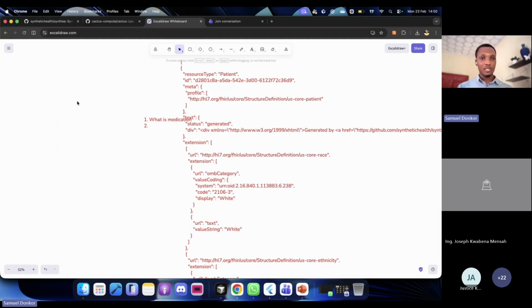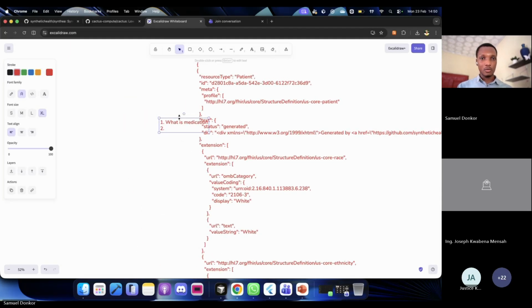Let me scroll to the left a bit. Now it decides, I have all these tools in my arsenal. I have get medication, I have get patients data, which may give us more granular data.